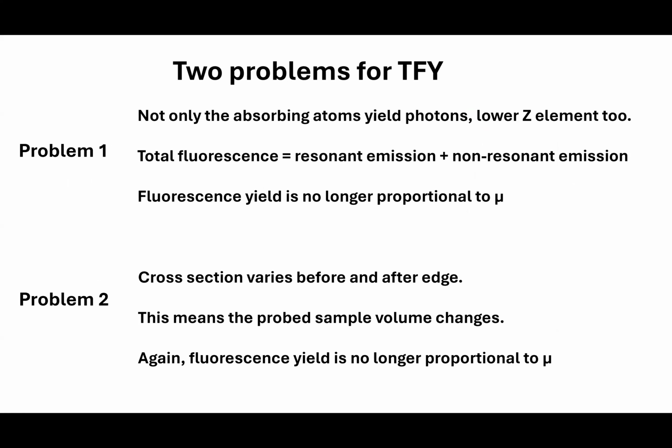And why is it distorted? There are two problems for total fluorescence yield, and this requires us to understand the fluorescence process a little bit. To simplify, let's say this is a lithium nickel manganese oxide system, and we want to measure the TFY for manganese.